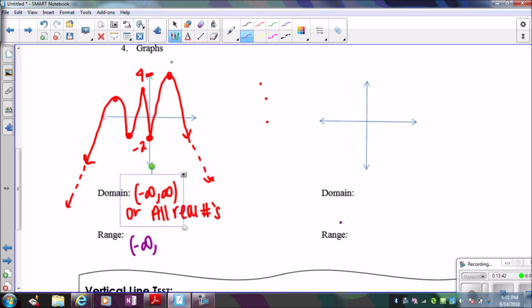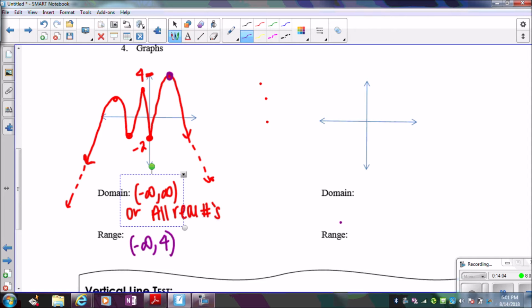Since I don't have any arrows going up, the highest point is going to be when y equals 4. So I'm not really using this -2. If there were endpoints on here and that happened to be the lowest, then yes, I would use it. But because there's arrows, it's going to keep going down, and my highest point is actually going to be at 4. So that's going to be my range.